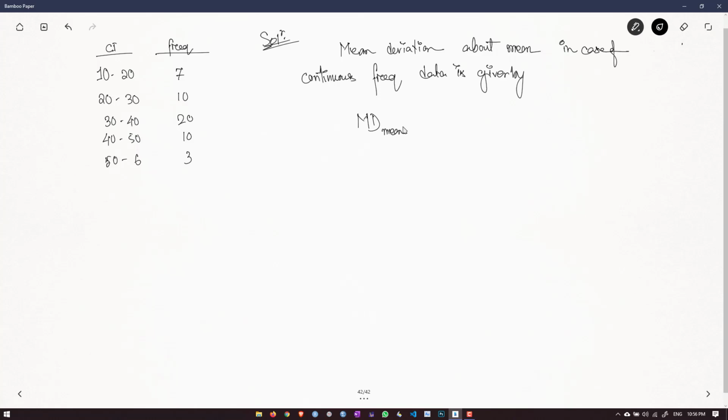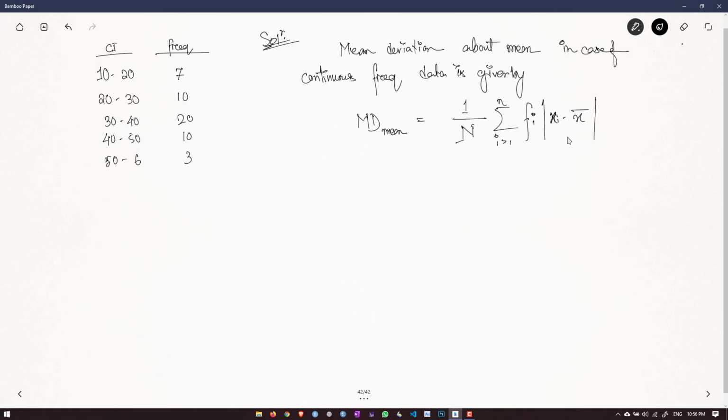Now writing this mean in the subscript is purely optional. You can simply write mean deviation, that's fine. Mean deviation about mean is, in case of grouped data, 1 by capital N, summation i goes from 1 to n, fi |xi minus a|, right? Or to be specific, in case of mean, it will be x bar. So this is the formula, right? 1 by N, summation i goes from 1 to n, fi |xi minus x bar|.